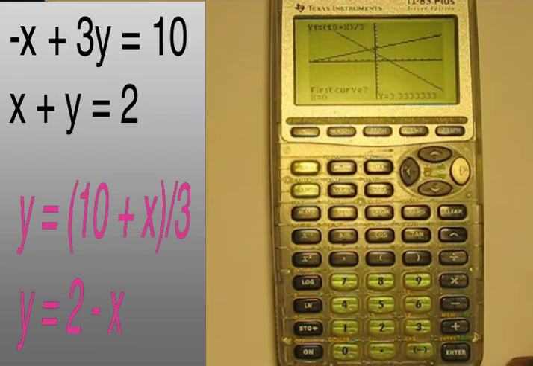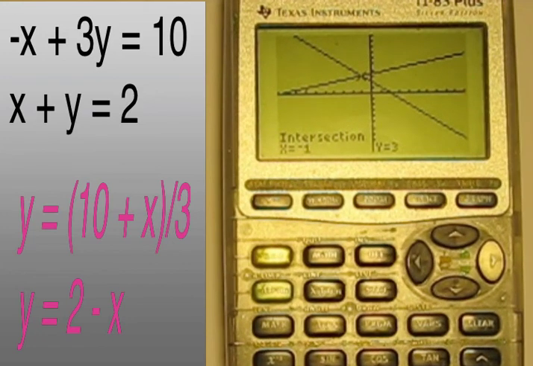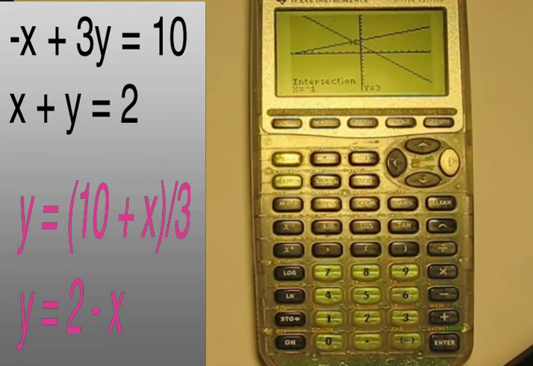Hit enter. It says first curve, enter, second curve, enter. Guess, enter. It's not really guessing, it's doing a calculation. When you hit enter, you see the intersection comes out to be x equals negative 1, y equals 3. So that's how you would input this information into a graphing calculator and find the solution to this system of equations.